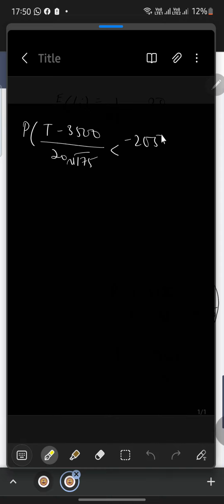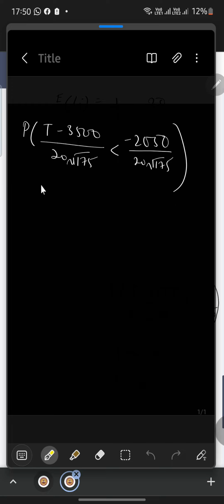So 20 upon root 175, right? So we already got probability (T minus 3500) by 20 root 175 is greater than minus 2050 by 20 root 175.